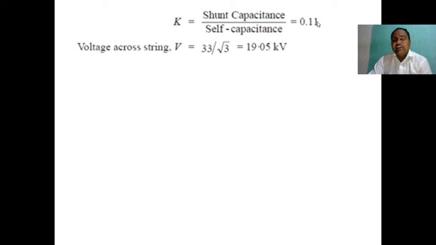In the given data, 11% of self capacitance is nothing but the K value 0.11. The voltage across the string: they gave the line voltage in a 3-phase system, so the phase voltage is 33 by root 3, that is 19.05 kV.